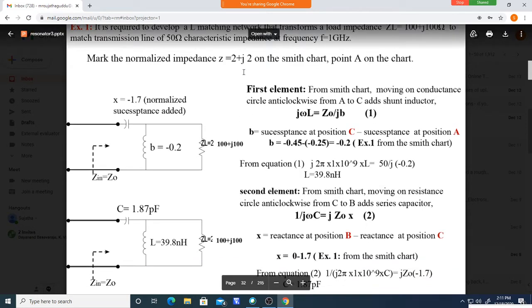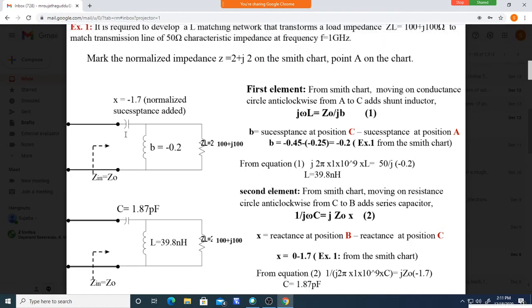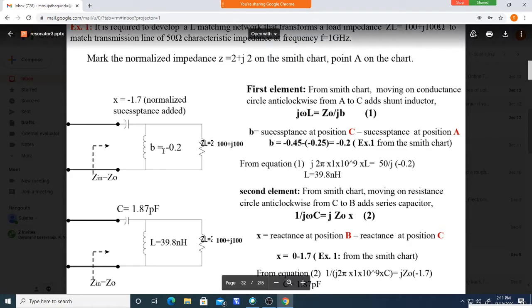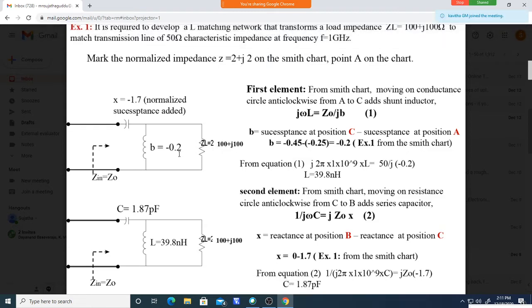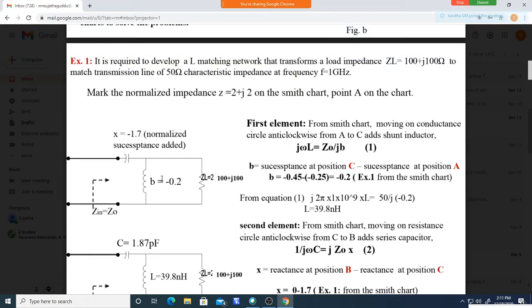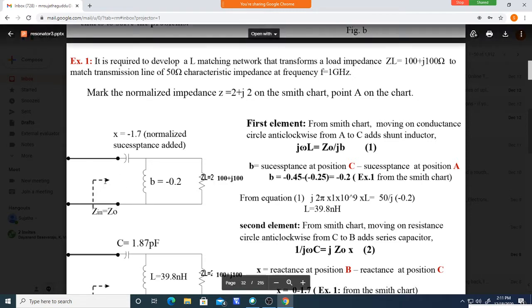So it is not matched now. See, the impedance given here, 2 plus 2j, is not matched to the characteristic impedance. So automatically there is a reflection from here. If this network is not there, what happens? There is a reflection here because of mismatch. So what we are doing is adding these elements, an inductor and a capacitor. By adding them, the impedance between these two terminals looks like 50 ohm.